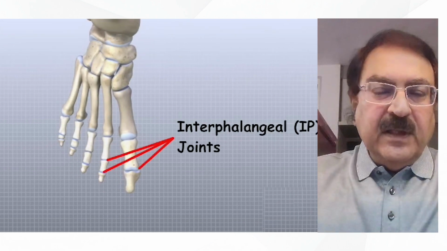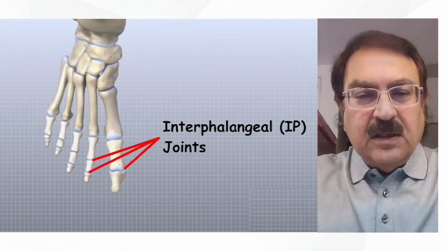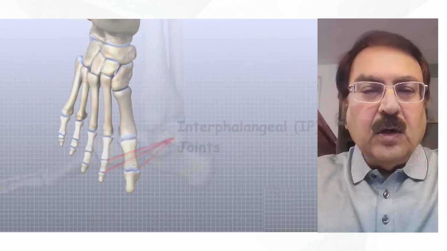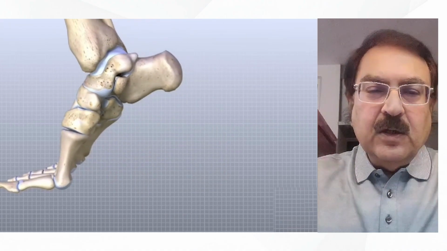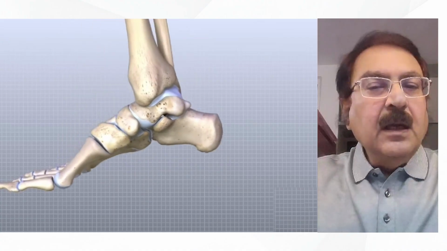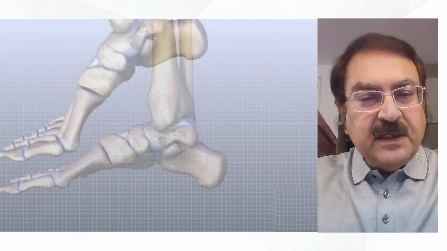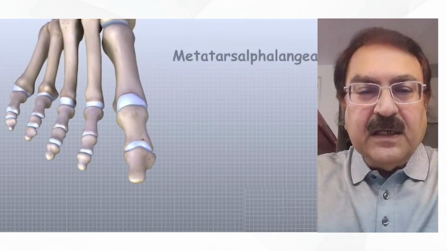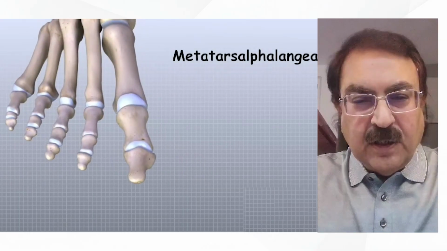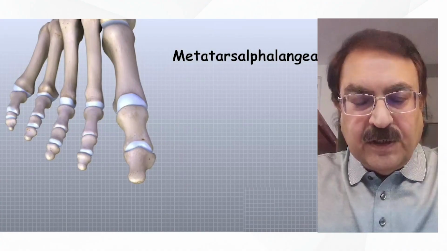The joints between the phalanges are called the interphalangeal or IP joints. A very limited movement occurs at these joints. The joint between each metatarsal and its first phalanx is called the metatarsophalangeal joint or MTP joint.